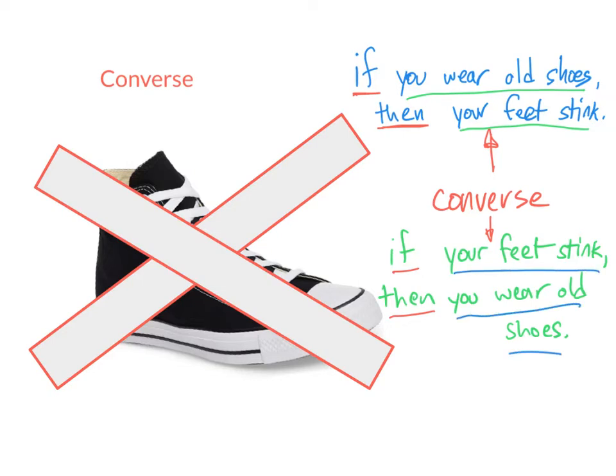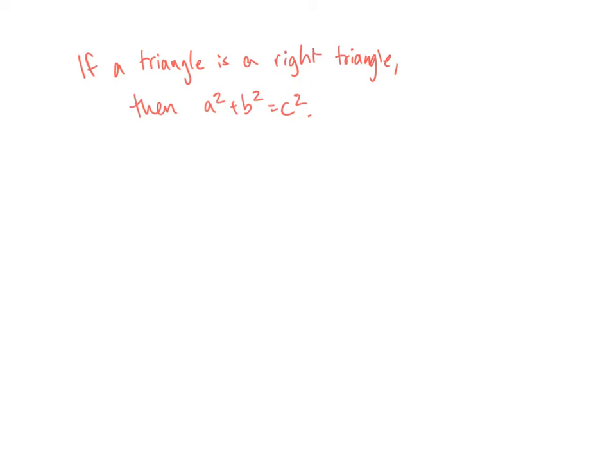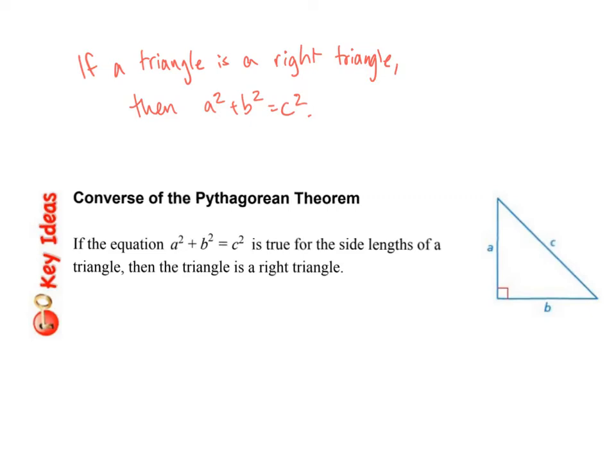When we talk about converse in math, we're talking about taking something we know to be true and switching it. Sometimes they stay true, sometimes they're not true anymore. The Pythagorean theorem says that if a triangle is a right triangle, then a squared plus b squared equals c squared. But the converse looks like this.